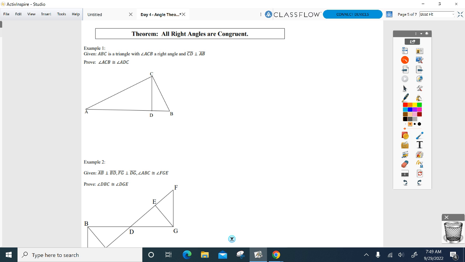I know you know that, but how's it going to fit into a proof? So what I need you to do right now, all I want you to do with this first proof, set it up. Mark your diagram, put in your statements and reasons. All right, go ahead. I'll give you about a minute. Mark your diagram with whatever markings you think are reasonable here based on the givens.